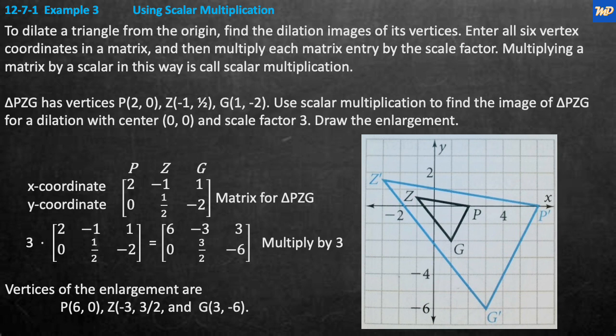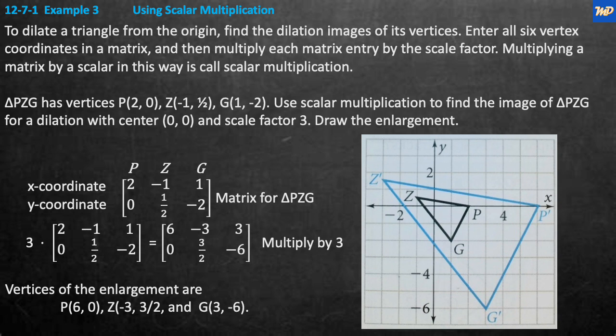So we're going to look at triangle PZG. It has vertices at P, x is 2, y is 0. Z, x is -1, y is 1/2. G, x is 1, y is -2. Use scalar multiplication to find the image of triangle PZG for a dilation with the center at 0 and a scale factor of 3. Then it says draw the enlargement.